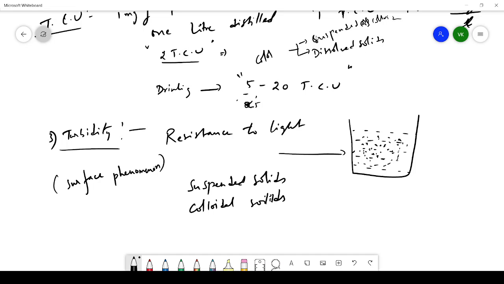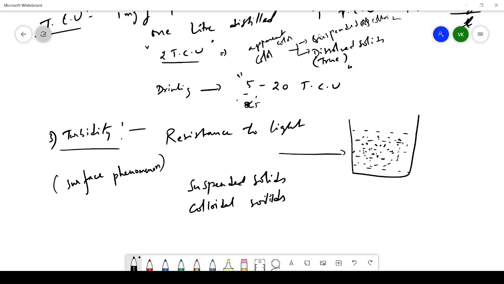The color produced by the suspended solids and colloidal solids is called apparent color. And the color produced by the dissolved solids is called true color.